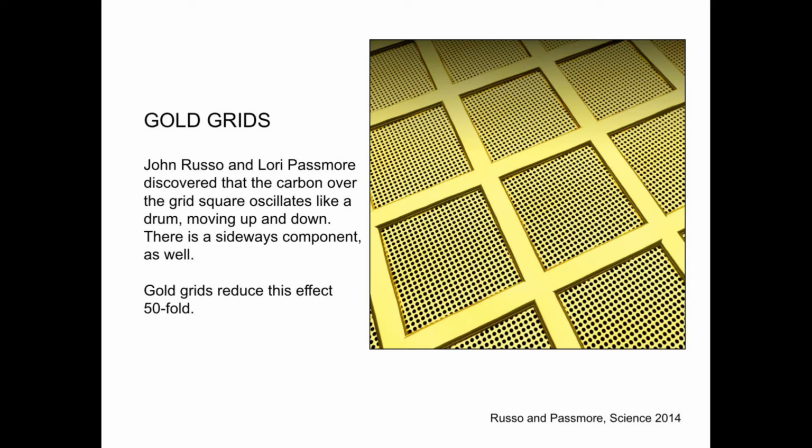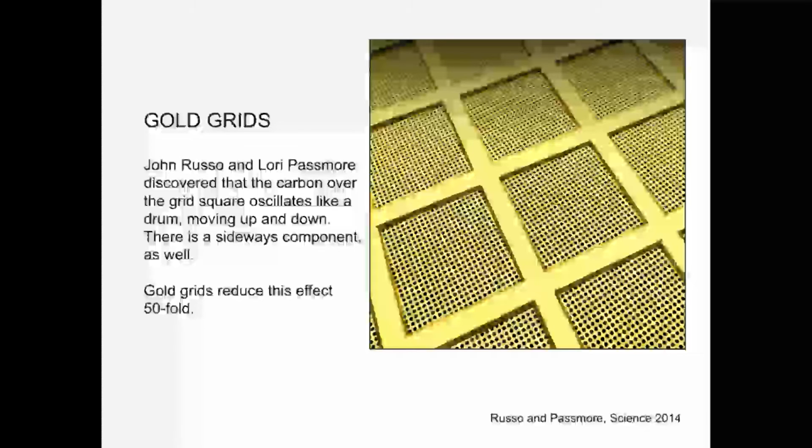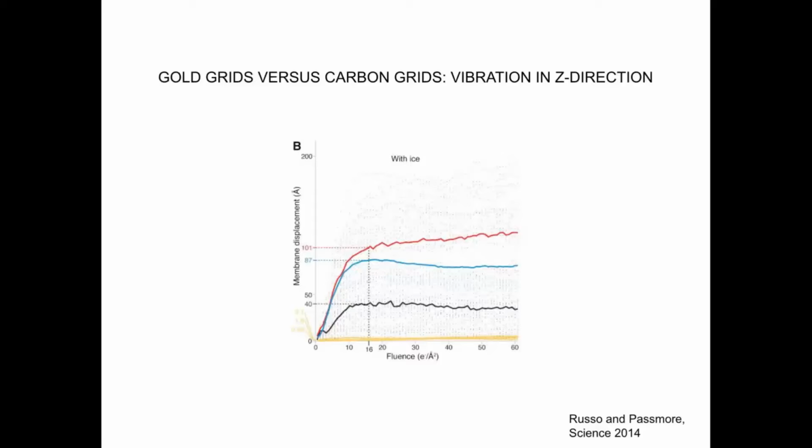They discovered that the normal carbon grid moves up and down, it oscillates, and using gold grids we get a reduction by 50-fold, and there is also a lateral component.